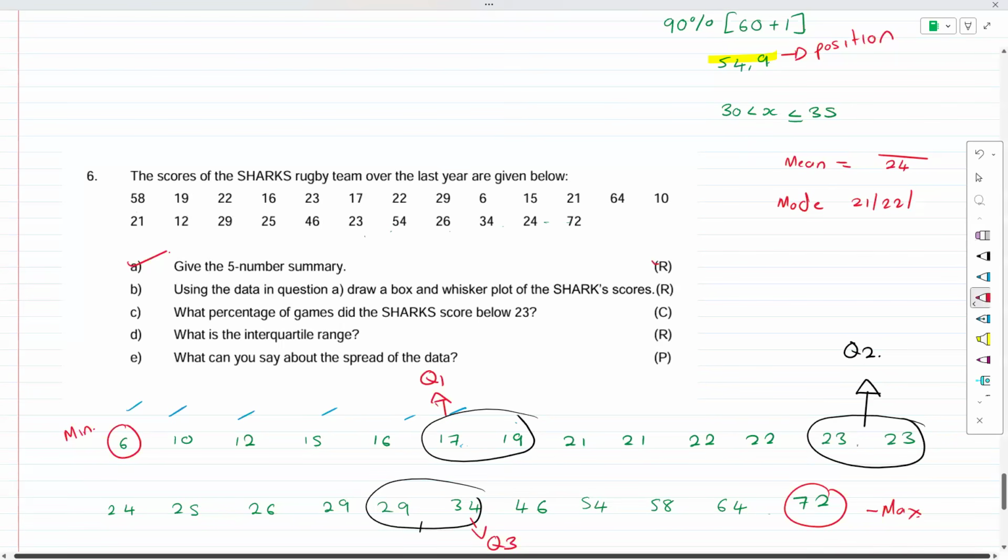Quartile 1, quartile 2, quartile 3 was easy. You want the range, take the biggest minus the smallest, so 72 minus 6. And anything else that we could do? Interquartile range. You want the interquartile range, you take Q3 minus Q1. This is big minus small.